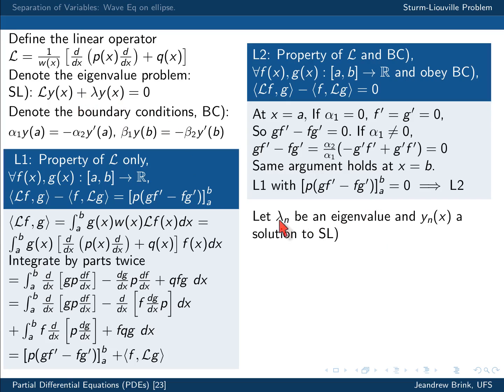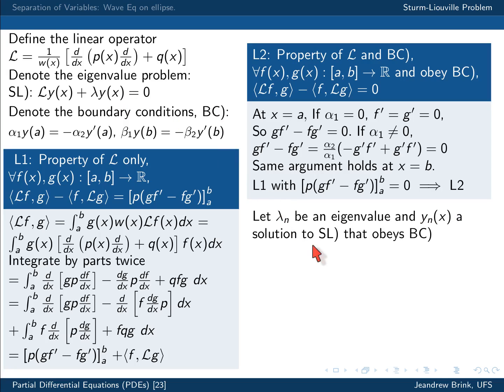And let lambda n be a specific value of lambda for which you can actually solve that problem, and let the eigensolution associated with that lambda be yn of x. Okay, and that's a solution of the Sturm-Liouville problem over there.